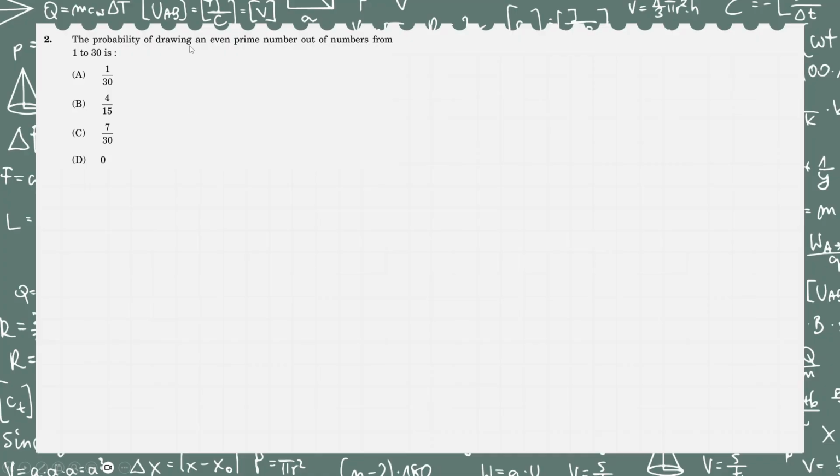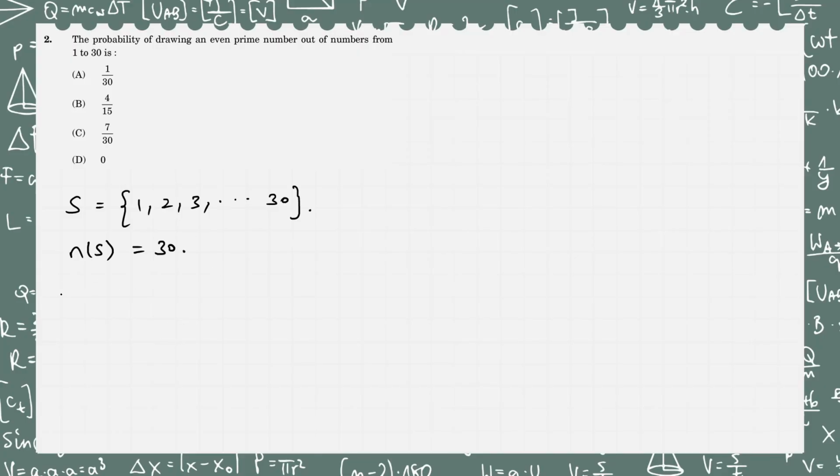The probability of drawing an even prime number out of numbers from 1 to 30 is. So now we have to write the sample space or the all possible outcomes together. See, we have numbers from 1 to 30. So all the possibilities will be numbers from 1 to 30. So there is 30 numbers in the list, right?